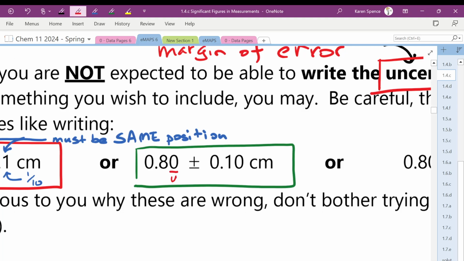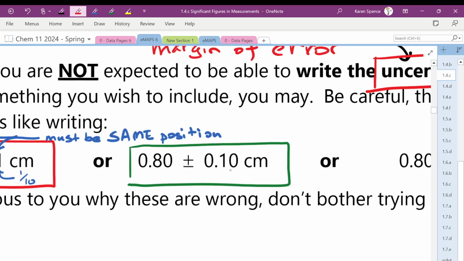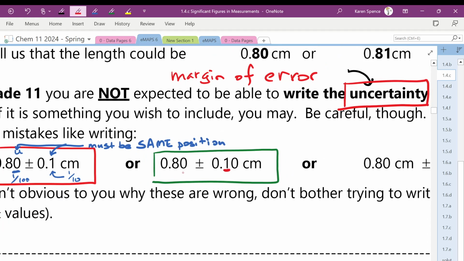It's in the hundredths position. Where have we put our plus or minus? We put it in the tenths position. So again, they don't match. If you're finding this confusing and you're like, I don't want to learn this, don't worry, this is the enriched part. Yes? These guys don't match. I've got a hundredths and a tenths.